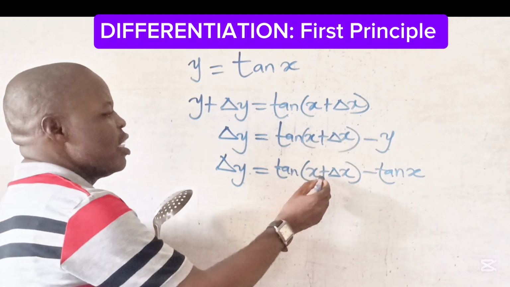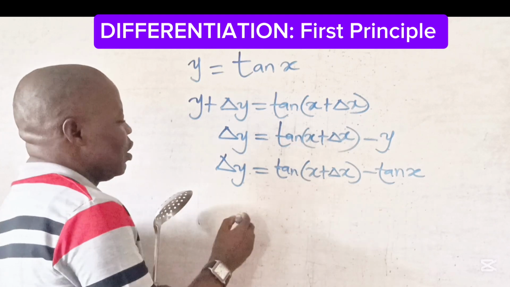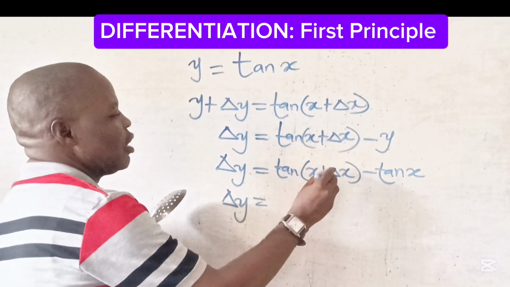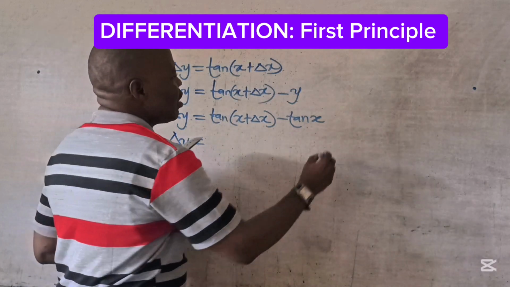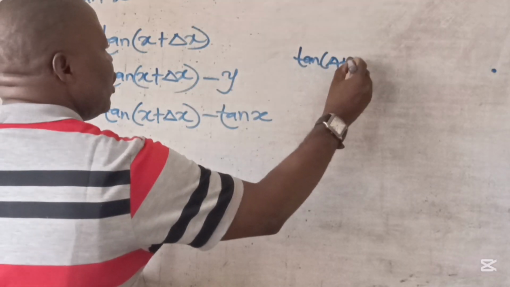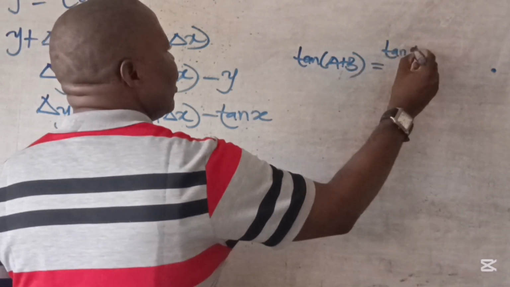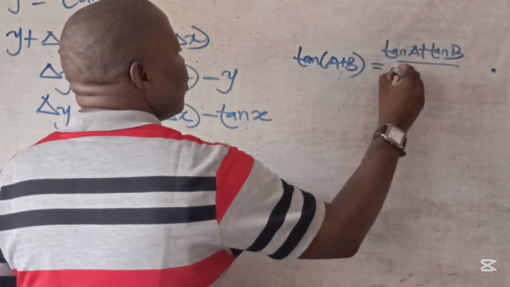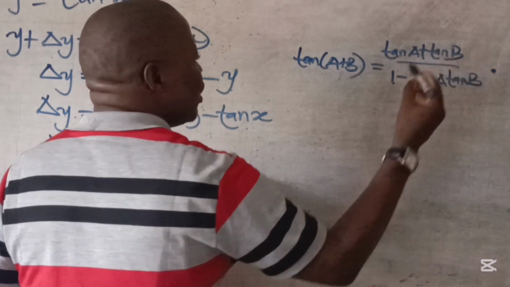So the next thing is that we need to expand this using the tan addition identity. So that means we have our change in y is equal to tan x plus change in x, which is like having tan a plus b, which will give us tan a plus tan b over 1 minus tan a tan b.